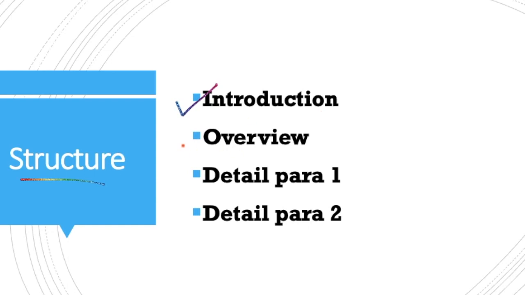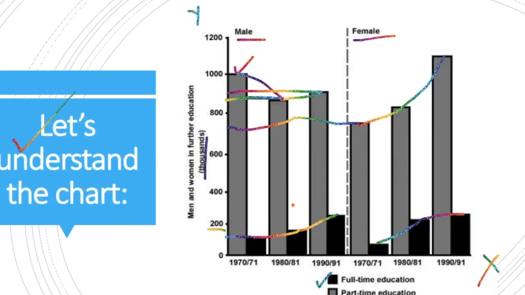The second thing you do is you write the general overview, right? This is usually the second paragraph and here you briefly describe the major trends or the significant features on the chart. If you come back to this, what is the main significant feature that you see? There is a huge drastic difference between part-time and full-time education, right? This is one striking feature of this bar chart.